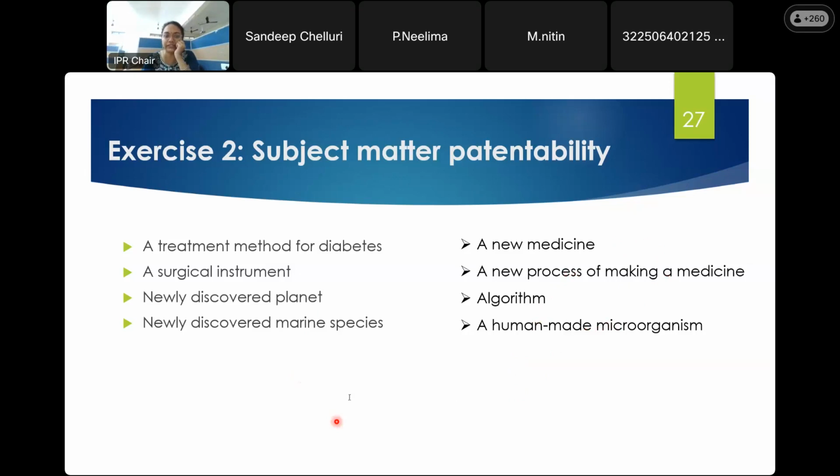She wrote all these things, 1 to 8. That is correct. Class is going on. Another person also wrote 1 no, 2 yes, 3 no, 4 no, 5 yes, 6 yes, 7 no, 8 yes. So you guys are going to get full marks in the exam.